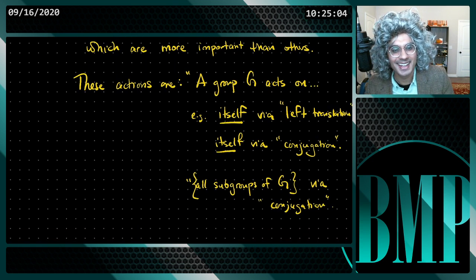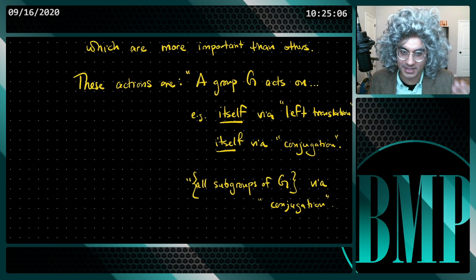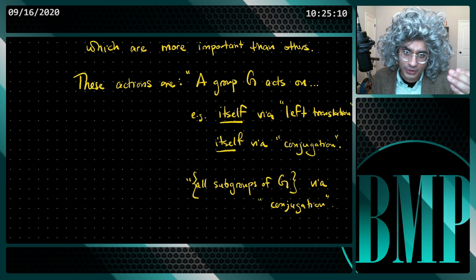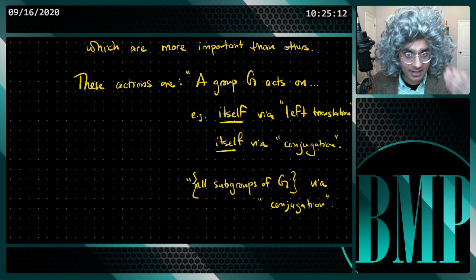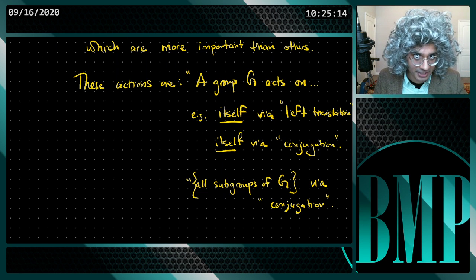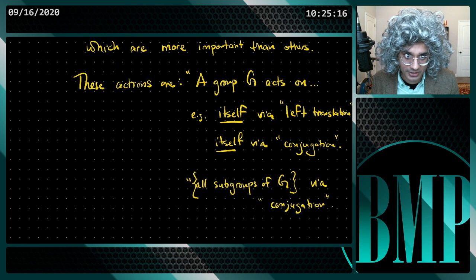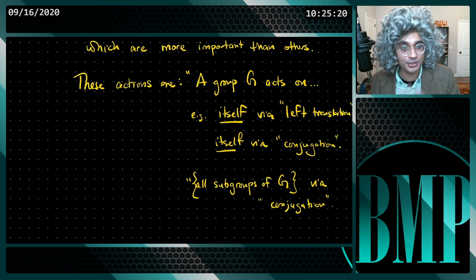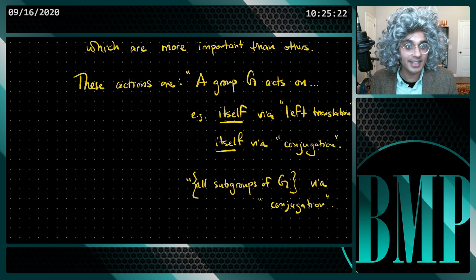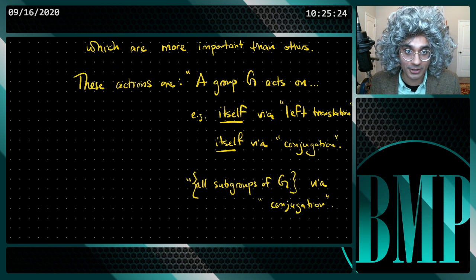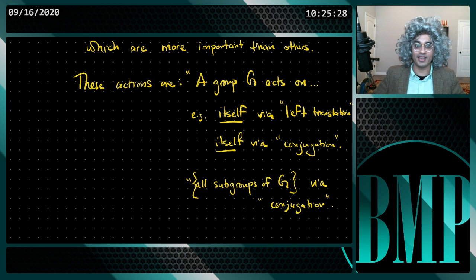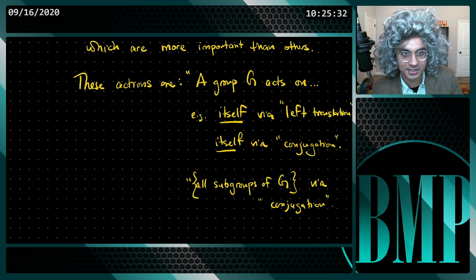All right? And the list grows, and which action will be useful for you when trying to prove which general theorem in group theory depends on the context. But one basic tool that will always be used is the orbit stabilizer theorem, no matter what the action is that you're considering. Okay? So that's the game plan for the next lecture.